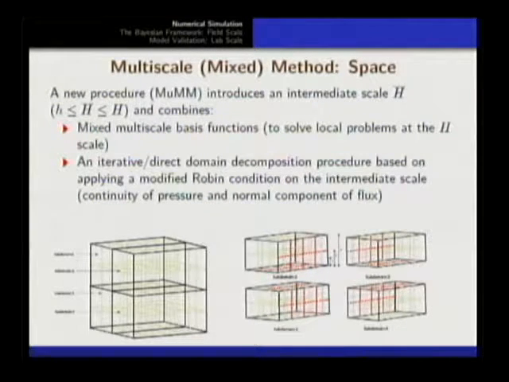So typically what we have in mind is that each one of these big H blocks will be attached to a different processor. And moreover, we introduce an intermediate scale H bar where we impose continuity of the normal component of flux and pressure.